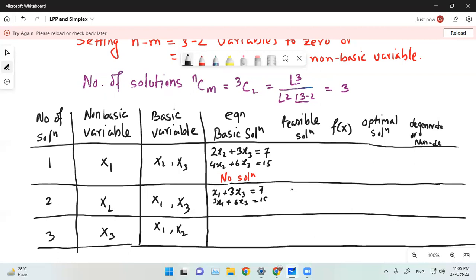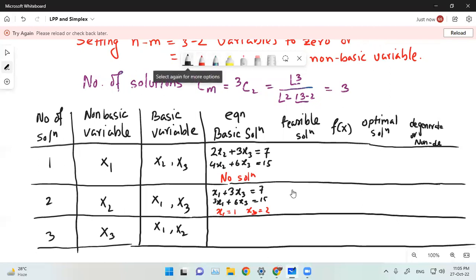If we solve it, we see that x1 is 1 and x3 is 2.